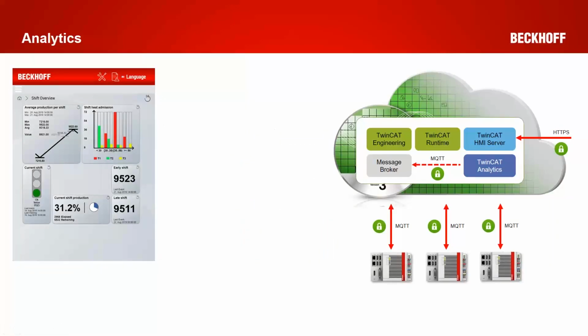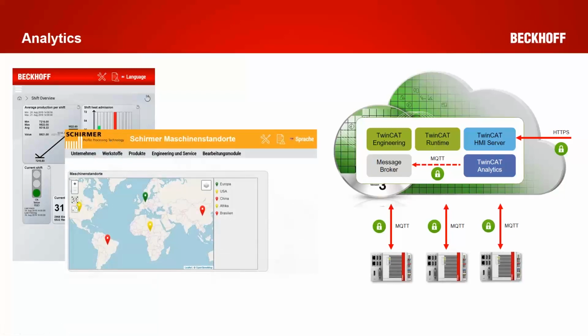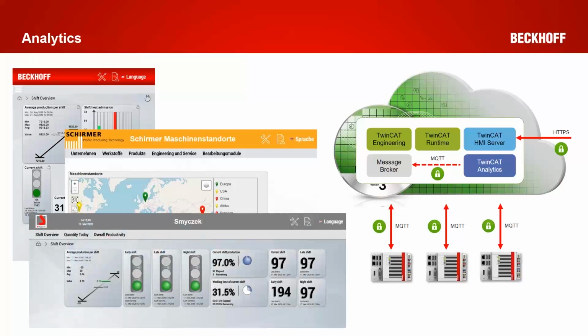And using this one-click dashboard functionality, you can, like I said, automatically create a visualization, HTML5 based, where you see a control, an HMI control for every algorithm within the TwinCAT Analytics. And of course, you can also add your own style. So you can customize the HMI dashboard that is being generated there with your own logo, with your own color scheme, with different languages. So just depending on your use case.